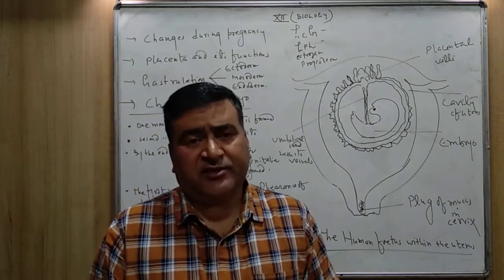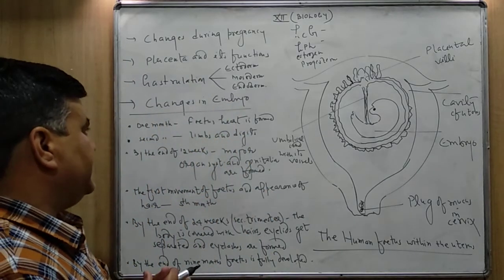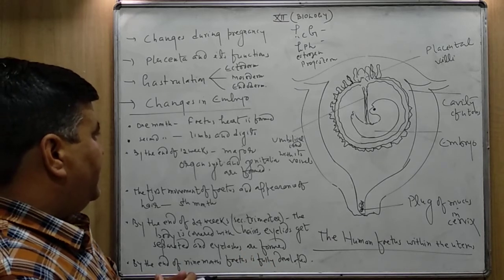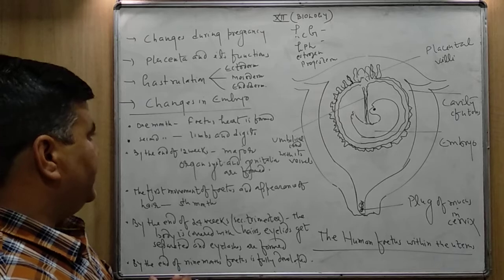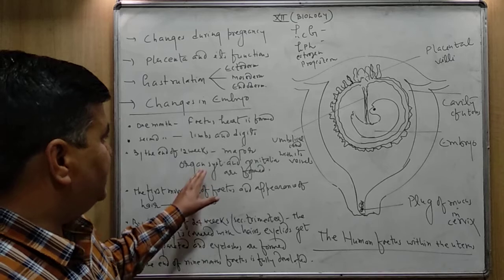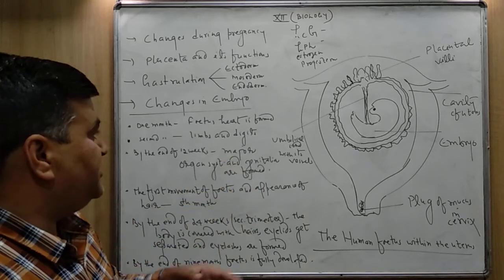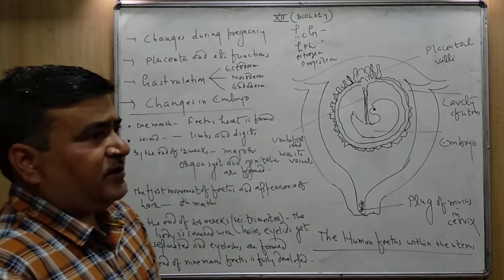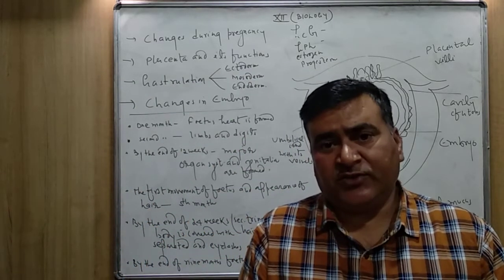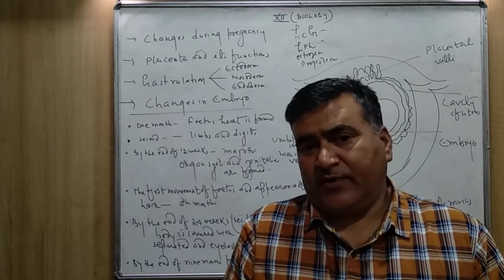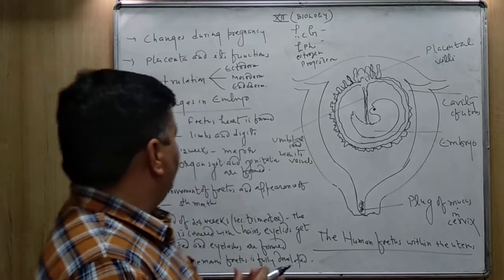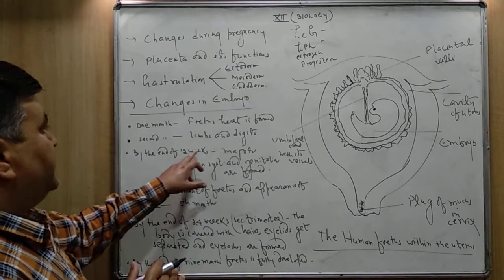After completion of the first trimester, in the 3rd month of the pregnancy, so many organ systems, digestive, respiratory, these systems are formed, and even the genital organs, the reproductive organs, are also formed in the 3rd month, or you can say by the end of the 12 weeks.